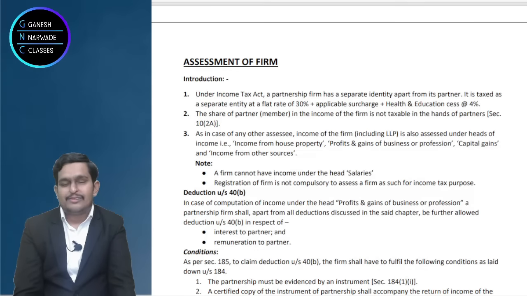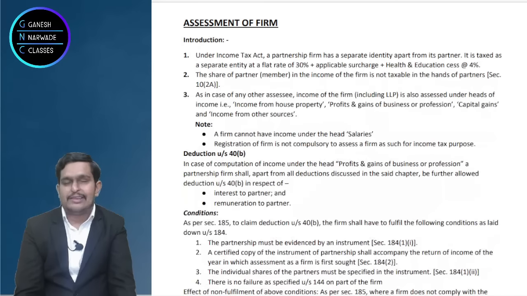So 90 lakhs is the tax on 3 crores, plus 90 lakhs into 12% will be 10 lakhs 80,000. So 90 lakhs plus 10 lakhs 80,000 will become 1 crore 80,000, right?